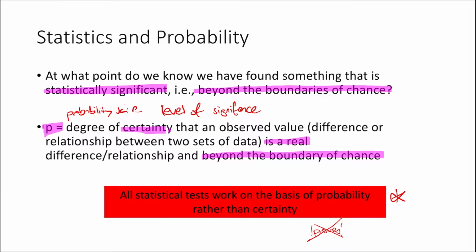In fact, we are confident that this is a real observation, a real difference, a real association. And therefore, because we're confident, we're going to reject our null hypothesis in favour of our research hypothesis. So our p-value is really the point at which our researcher is confident rejecting the null hypothesis.